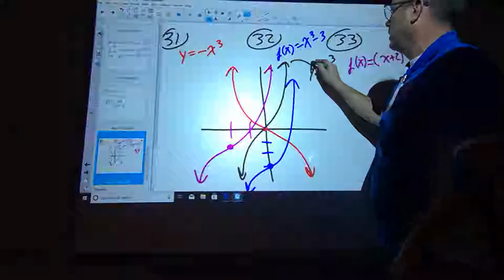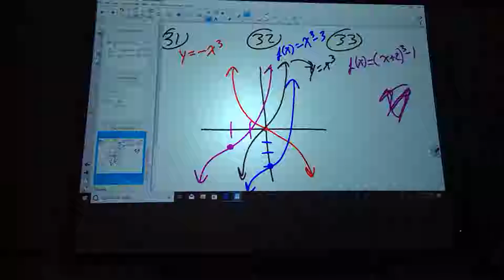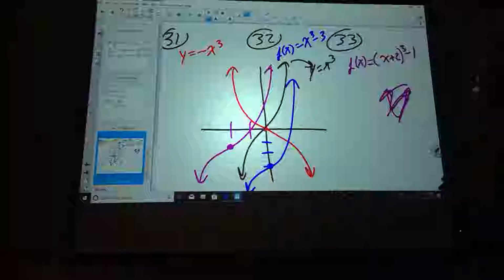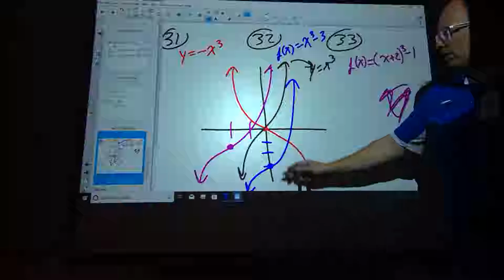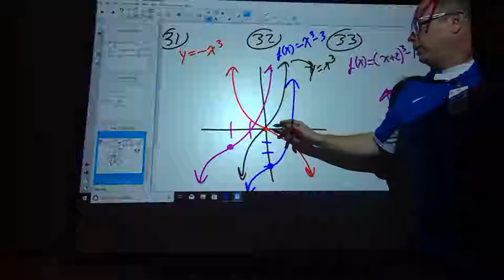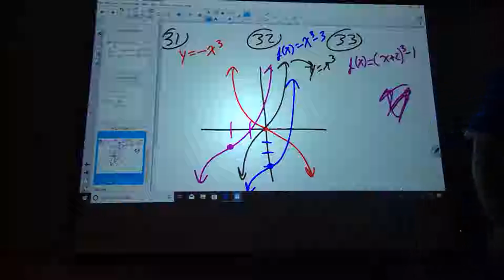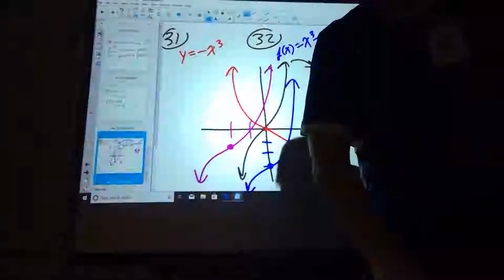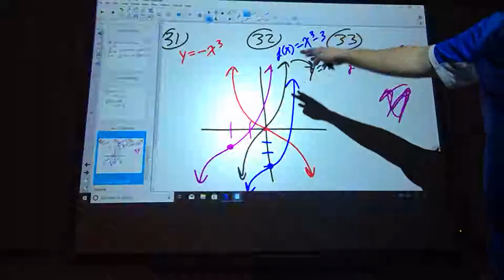That's the basic one. Because I have the negative, it flips it over the y-axis, and then I shift it down. So this black and blue look the same, it's just this moved down. The black and the purple look the same, but it shifted left and down. And then the even ones look like an M thing.